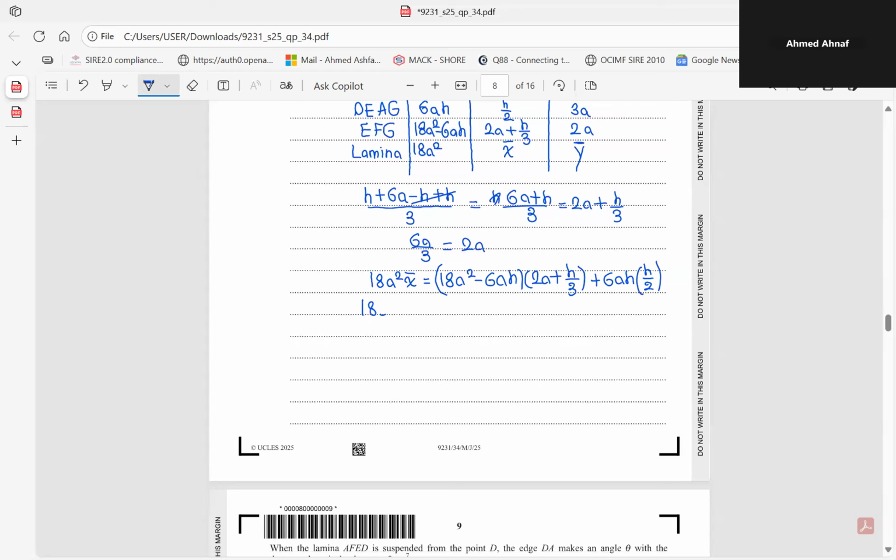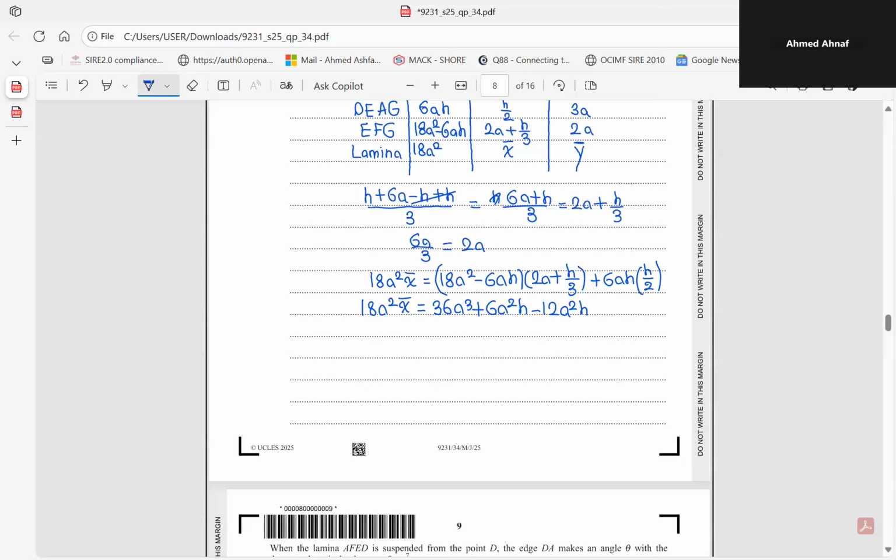So expand everything and simplify. 18a squared times 2a is 36a cubed. 18a squared times h over 3 gives plus 6a squared h. Minus 6ah times 2a gives minus 12a squared h. Minus 6ah times h over 3 gives minus 2ah squared.